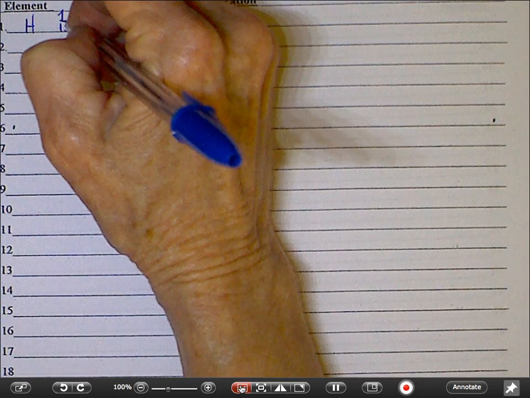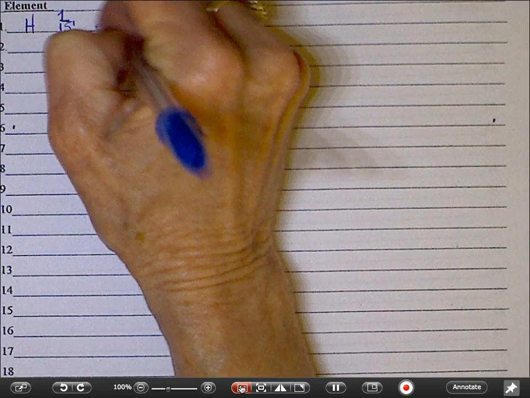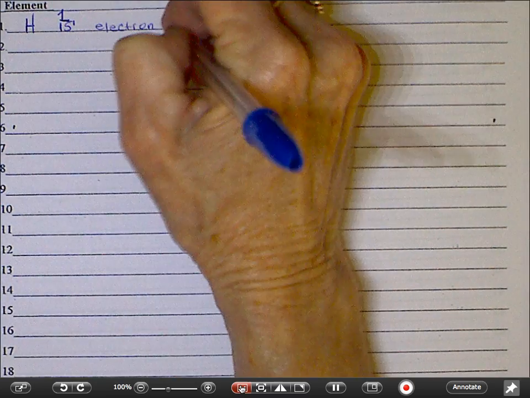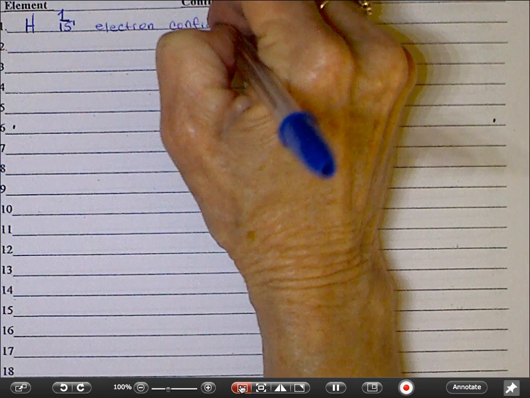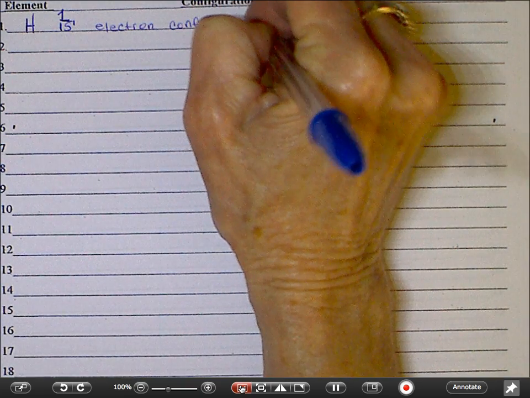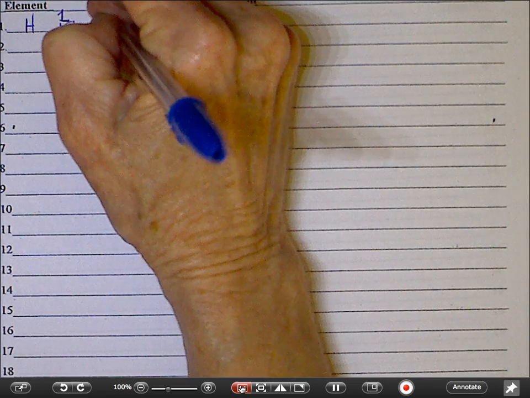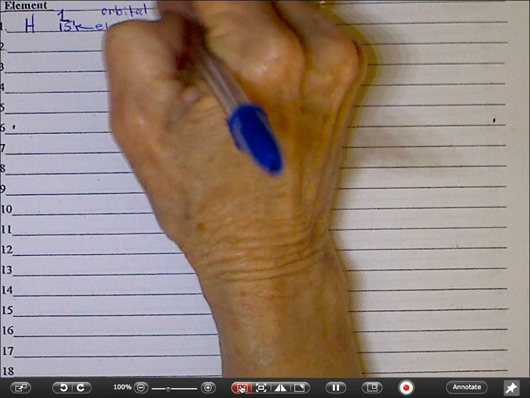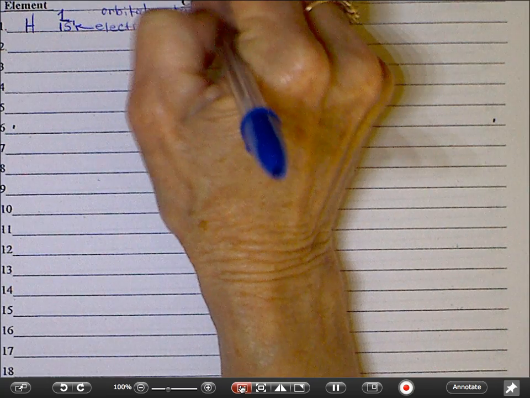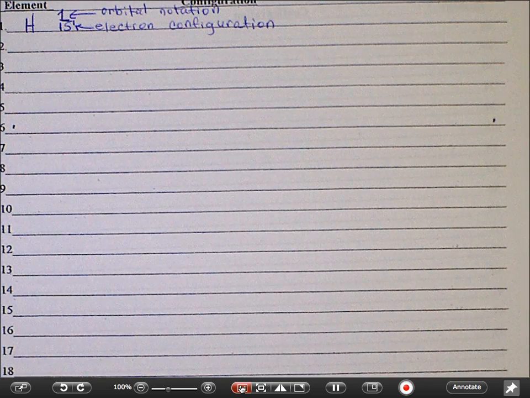Okay? So this is known as my electron configuration, to make sure everybody knows which is what. That's the 1s1. My orbital notation is the line with the arrow. Does everybody understand?